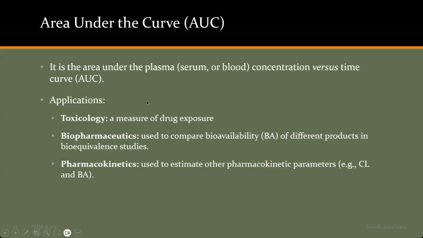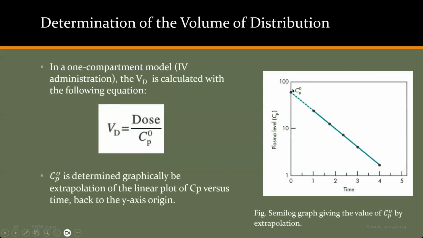Another pharmacokinetic parameter to explain today is the area under the curve. And we explained it before. We said the area under the plasma concentration versus time curve is a representation of drug exposure. So if we give a bigger dose, more amount enters the body, then the area under the curve would be larger, right?